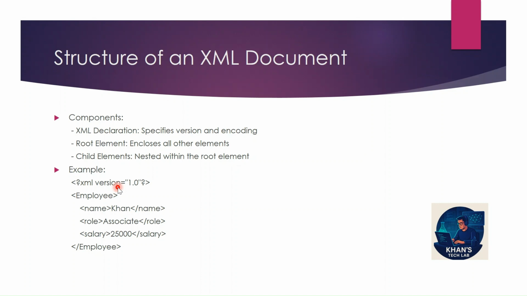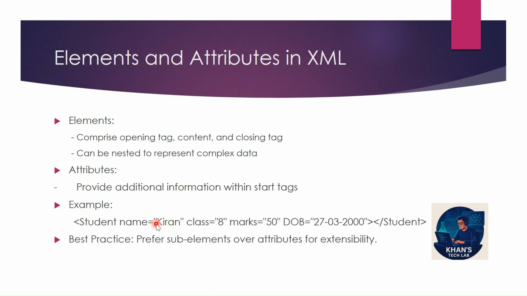Finally, we have a root element and a child element. The root element is the parent element of all the tags inside this document, and all the subtags are nested within the root element. These subtags can also have a few more subtags that we will discuss in the upcoming slides.